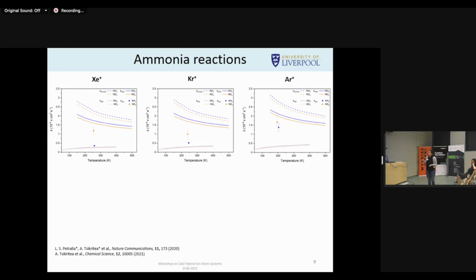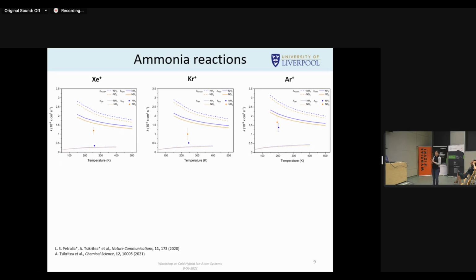I have plotted the experimentally calculated rate coefficients as diamonds in the graphs. Along with the experiments, I've also plotted 2 capture theory models. The solid line is a classical capture theory, the average dipole orientation theory, whilst the dashed line is a quantum capture theory, basically the same one that Valentina used in the previous talk.